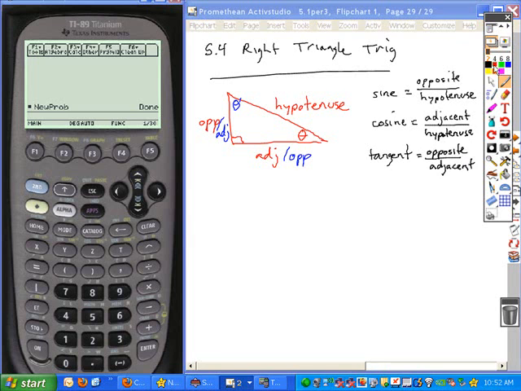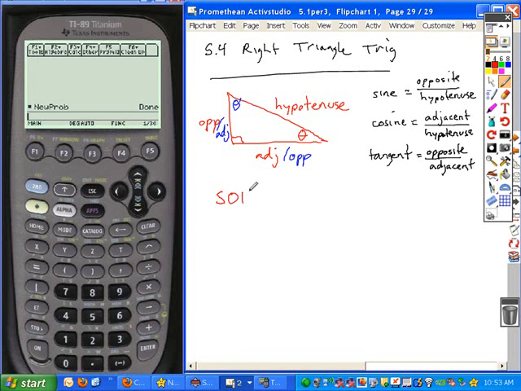Okay, and so there's an acronym that's used to remember these. Those of you who've been exposed to it have probably seen it, but that acronym is SOH CAH TOA. And it just means exactly what it shows here. The sine is equal to opposite over hypotenuse.